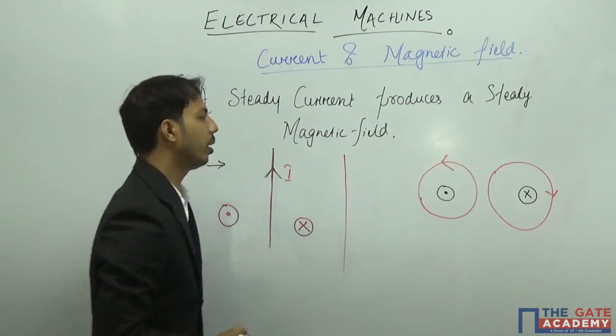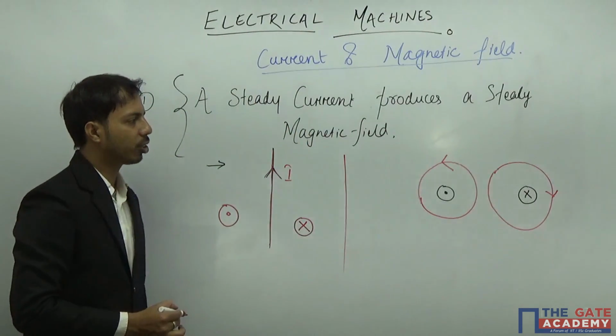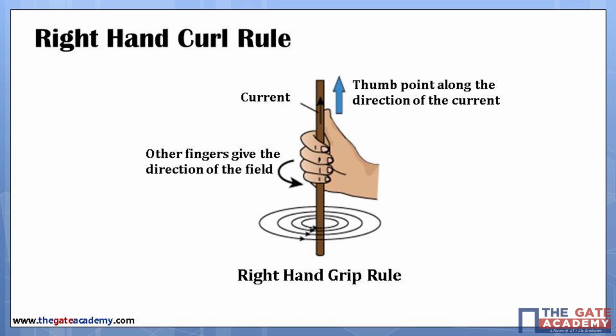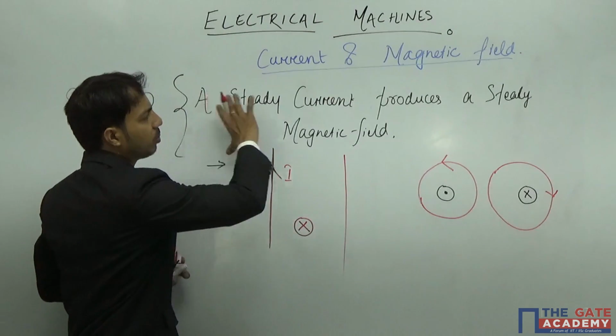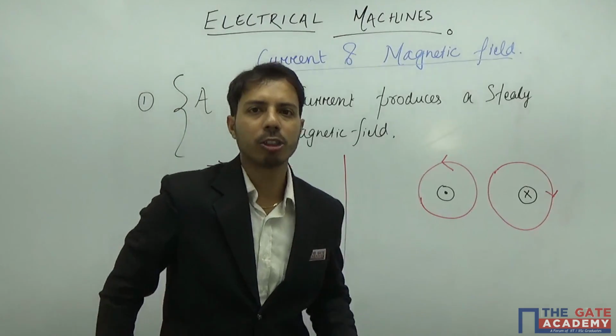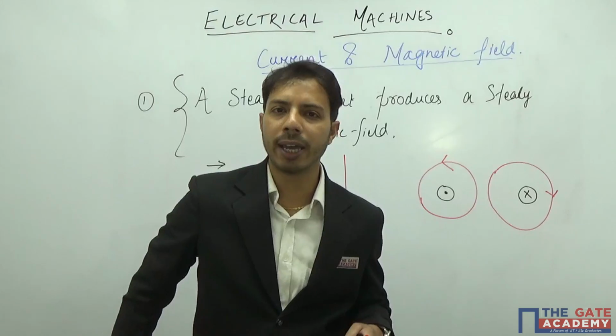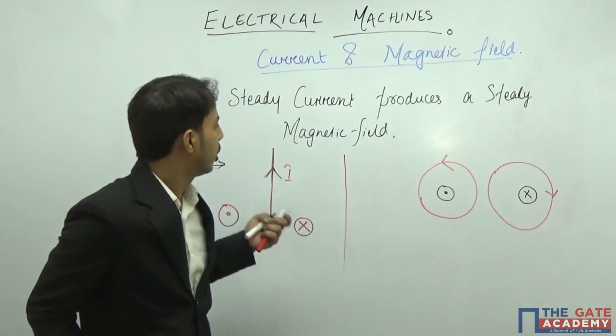This particular convention is called the right hand curl convention or right hand thumb's rule. You can refer to it in your PPT. Now, this is the convention for this statement. On this statement, we also have a law, which we call Ampere's law.